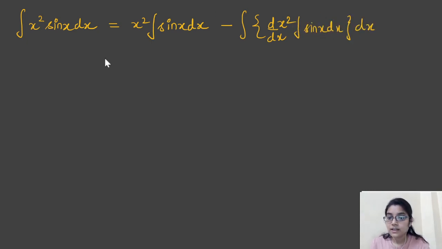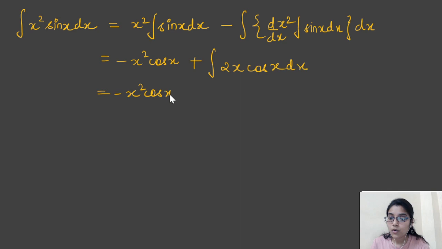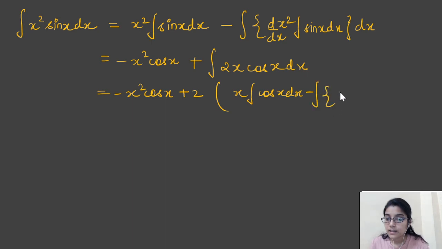So minus x square cos x, because the integration of sin x gives minus cos x, and here you will get 2x, and minus sin x will become a positive cos x dx. Again you will apply by parts: this is your x, then cos x dx, minus the differentiation of x, then the integration of cos x. Like this.